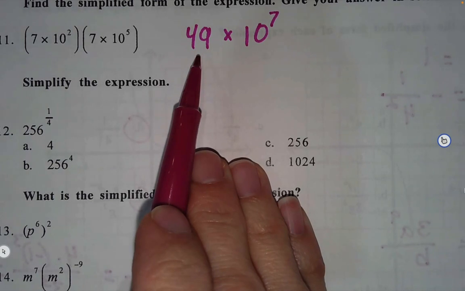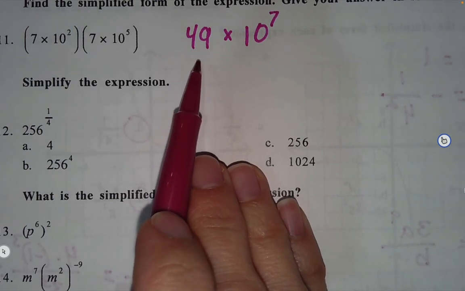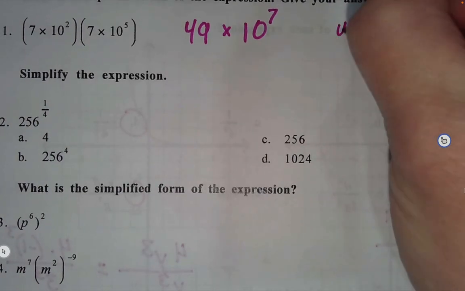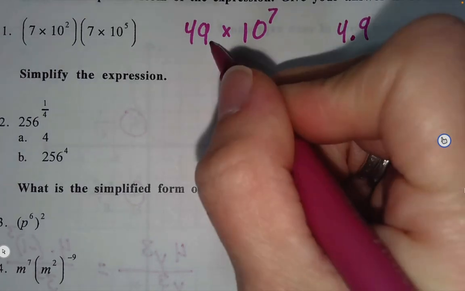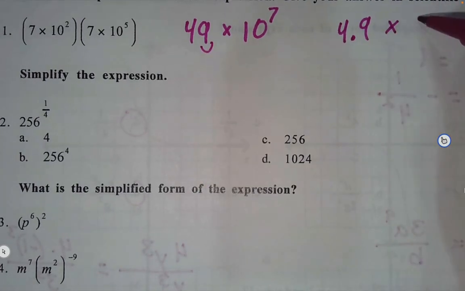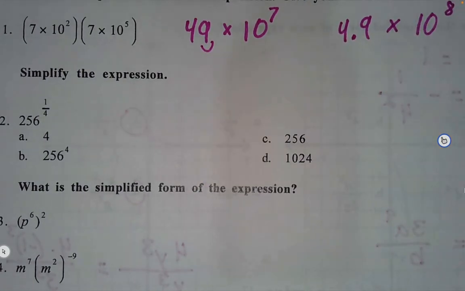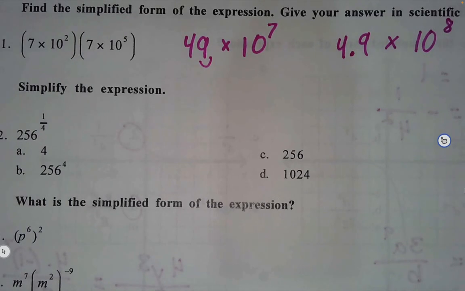It's 49 and it's supposed to be 4.9. So if I move it one time to the left, that's going to be what? The 8th power. 4.9 times 10 to the 8th power. Okay? All right, next one.